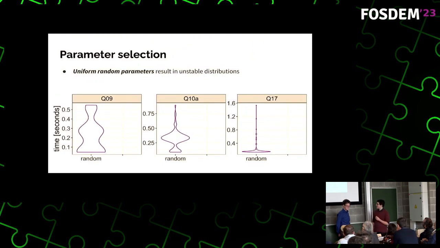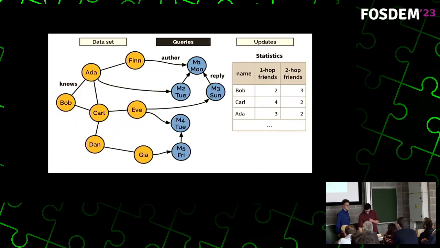So here we see an example of when we do not select the parameters carefully, just uniform random, and we can see here a trimodal distribution, a bimodal one, and one with many outliers. And we don't want that. So in the data set, there are also statistics provided. In this example, for each person, the number of friends and friends of friends.